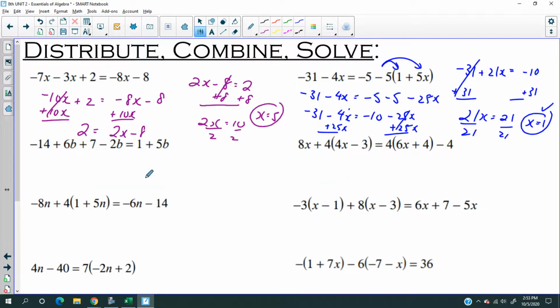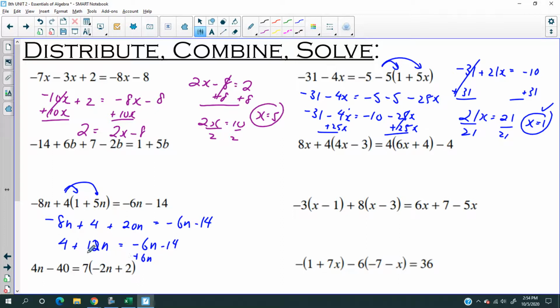Okay, all right, let me think. So now here, let's say we're doing this. That's negative 8n plus 4 plus 20n, negative 6n minus 14. Am I right? I'm just double checking. Now, I've got to combine like terms first. So this is 4 plus 12n equals negative 6n minus 14.